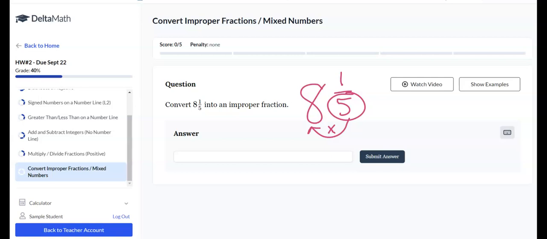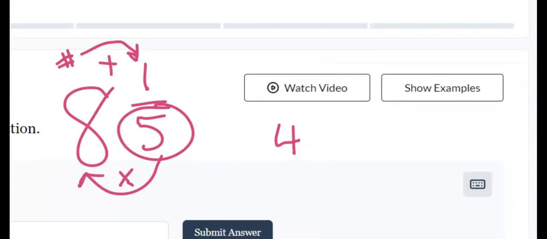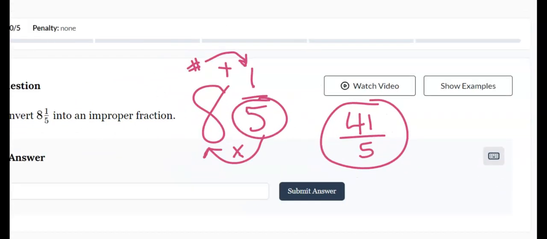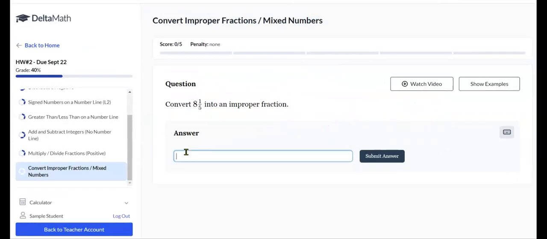Once you get that value, you will take that number and you will add it to the numerator. 5 times 8 is 40. 40 plus 1 is 41. The denominator never changes. So 41 fifths. First you multiply the denominator times the unit, and then you add the numerator. 41 fifths.